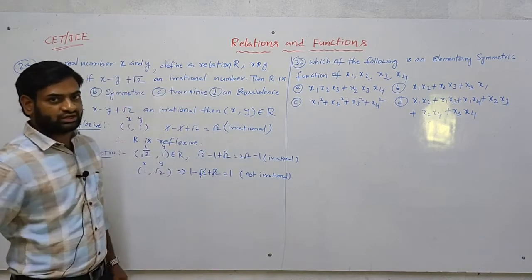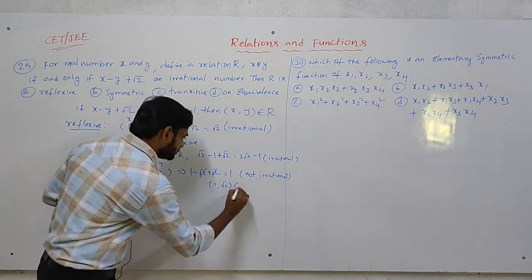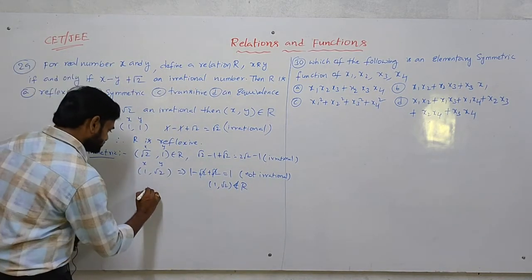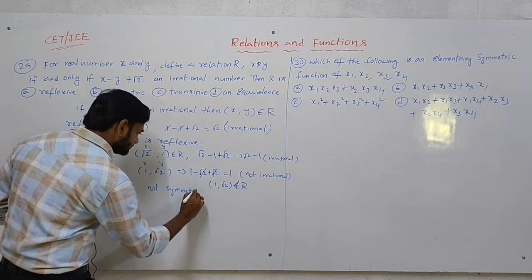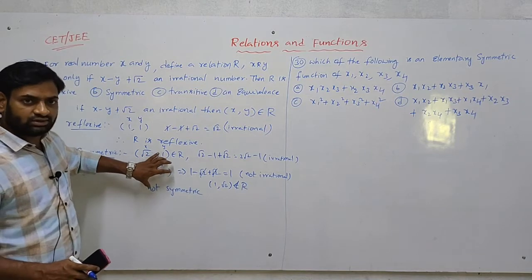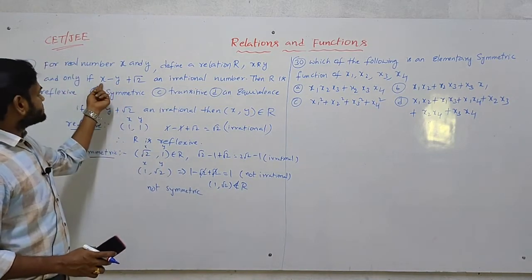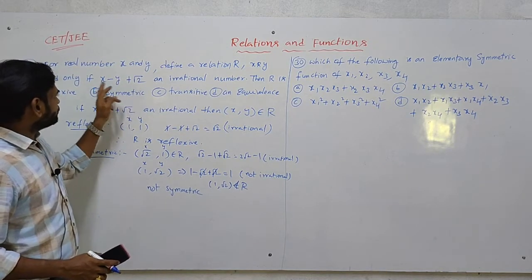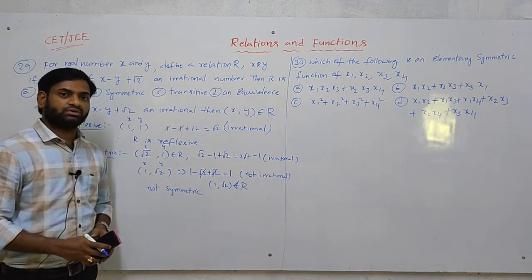When it is not irrational, 1 comma root 2 does not belong to R, and when it does not belong, it is not symmetric. So by example you can solve this. Otherwise directly you can say, in place of x take y, in place of y take x: x minus y plus root 2 and y minus x plus root 2. Both are not the same, so it is not symmetric.